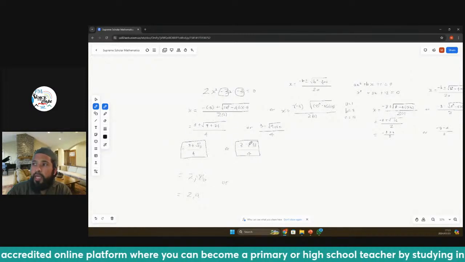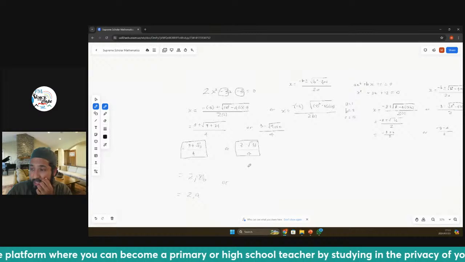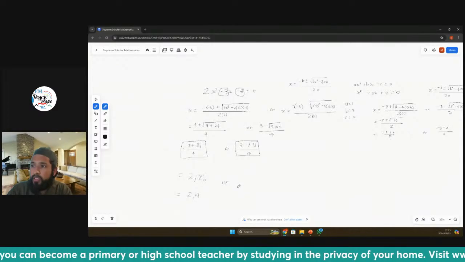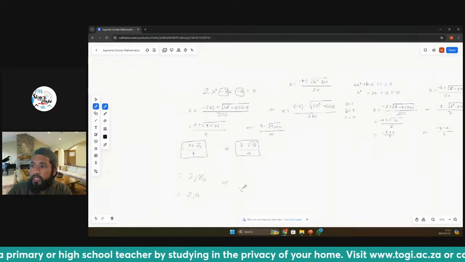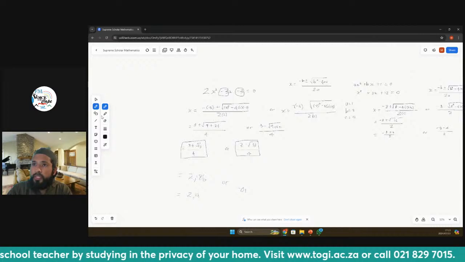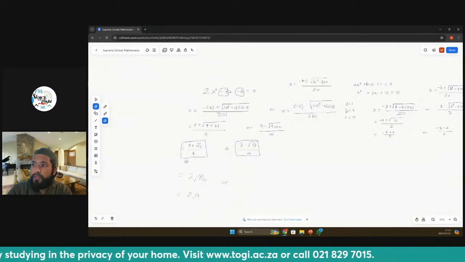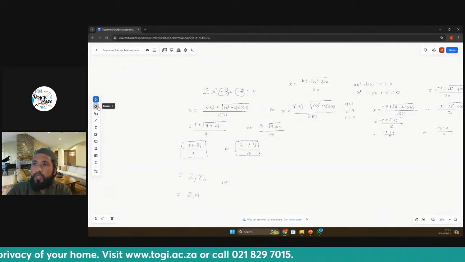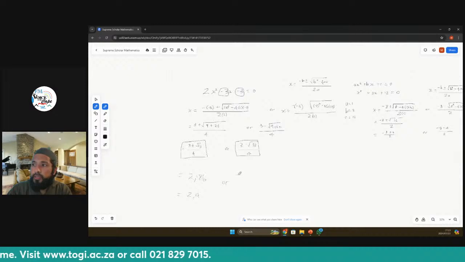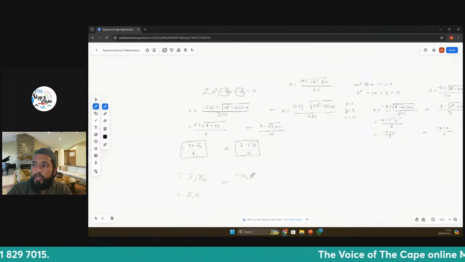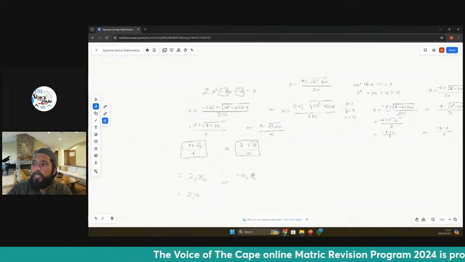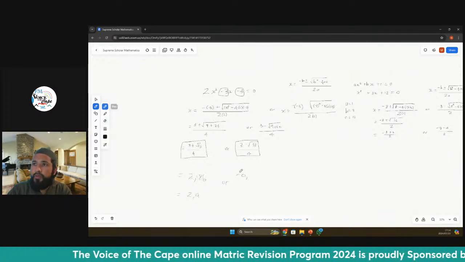And then you do the same thing with 3 minus root 33 over 4, and if you did that, you would have gotten an answer of negative 0,686, if you put it correctly in your calculator.